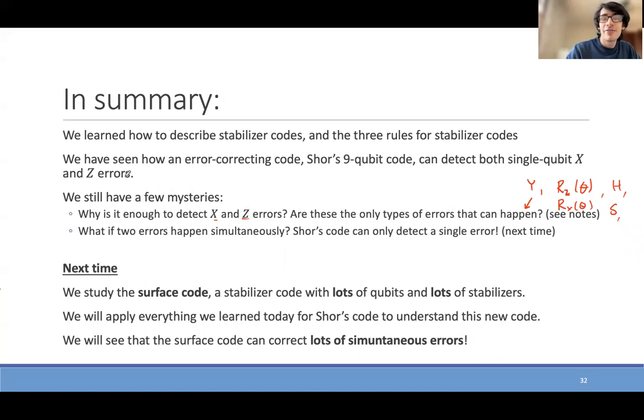On the other hand, if at the beginning of running your algorithm you're seeing mostly X errors, but then something happens to your machine, somebody bumps it, and all of a sudden you're seeing mostly Z errors, then that's a bad code to use. But Shor's code can detect any error, so it doesn't matter if the probabilities are slowly changing over time. As long as you're continually correcting these errors, you can always use one of these universal codes that corrects every error.